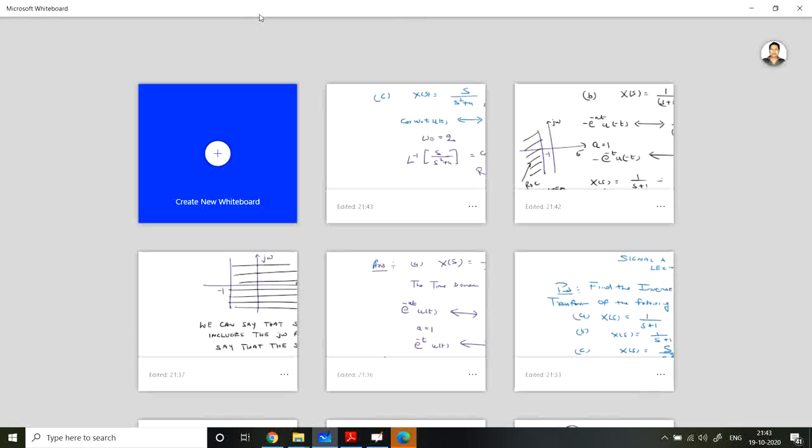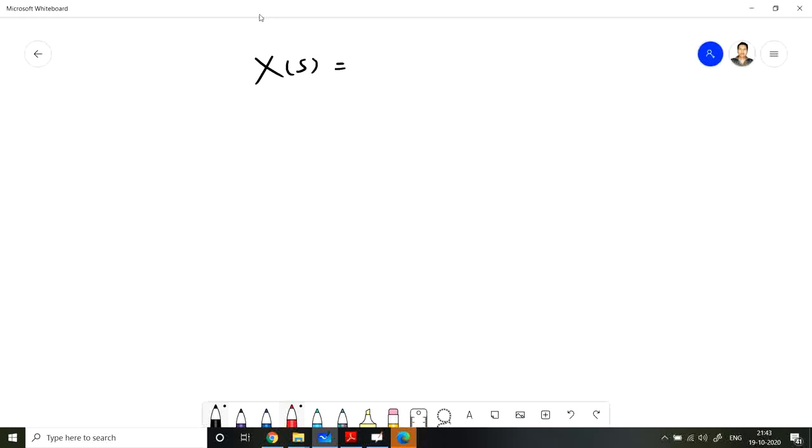Now we need to solve this problem. X(s) is given as s plus 1 divided by s plus 1 whole square plus 2 square, and the ROC is real part of s greater than minus 1.